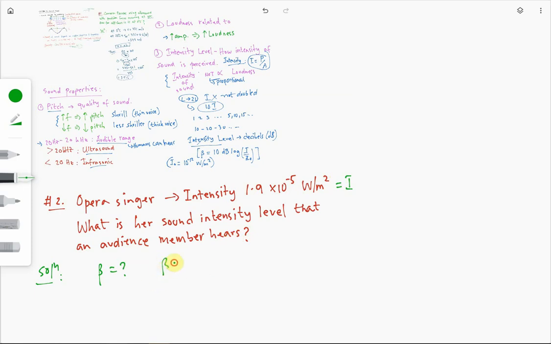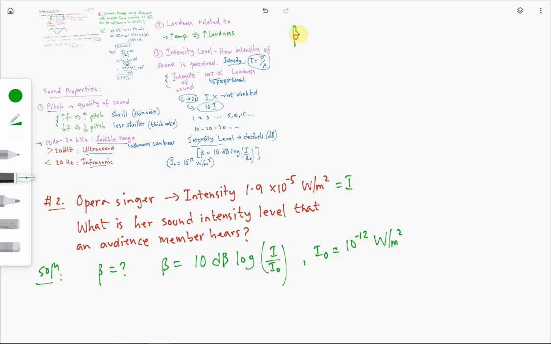So beta, as we have seen, is defined as 10 decibels times logarithm of I over I naught. And I naught is the lower limit intensity of human hearing, which is 10 to the minus 12 watt per meter squared, and that's always a constant for all our purposes.